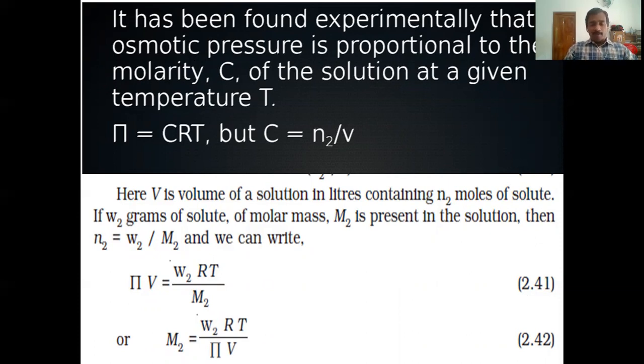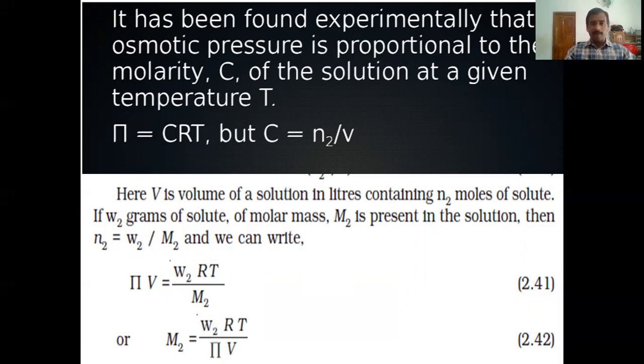We know the osmotic pressure is represented by the letter pi. And we have the equation PV is equal to nRT. That is the gas equation. In very dilute solutions, the solute particles behave like gaseous molecules.